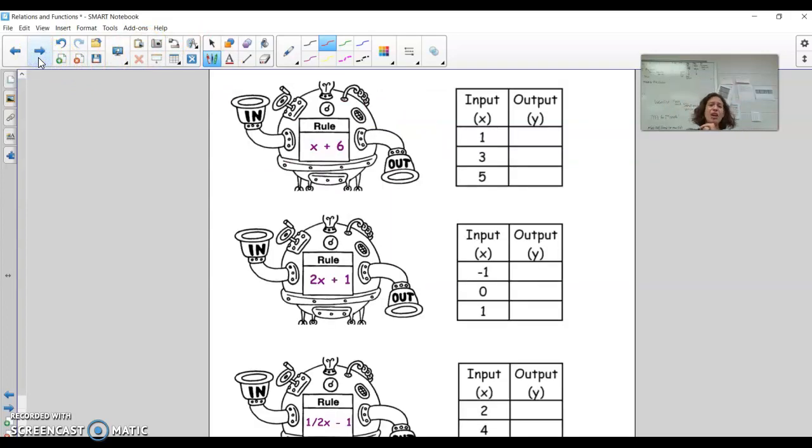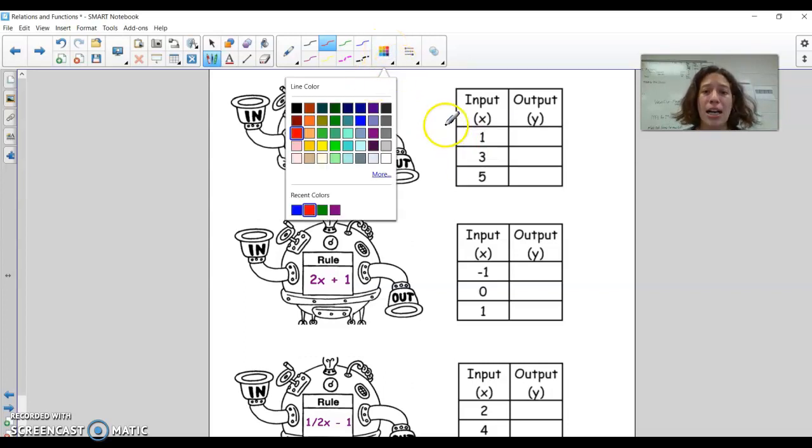Boom. Okay, so each one of these machines is different, right? It has a different function. And we're going to put some numbers in, and we're going to see what pops out, okay? And the numbers we put in are x values, okay? X values go into the machine, and the ones that pop out are the y values, or the output, okay? I'm just going to throw a math word in here real quick just to help you remember.